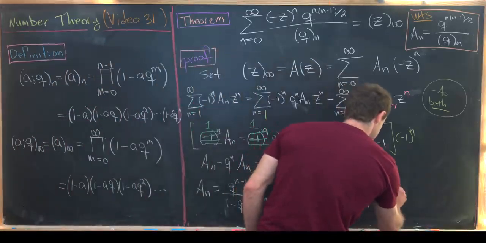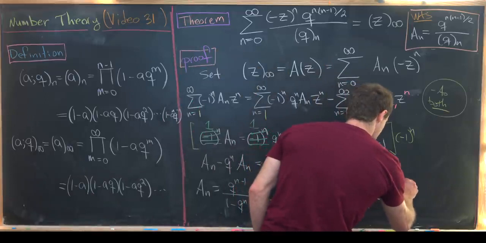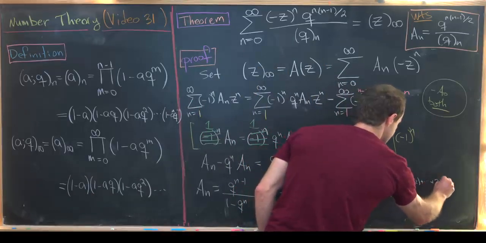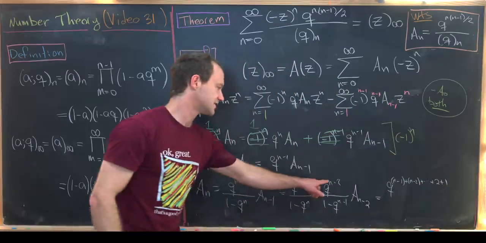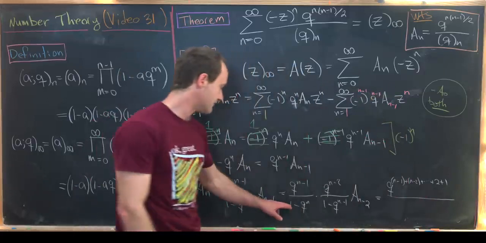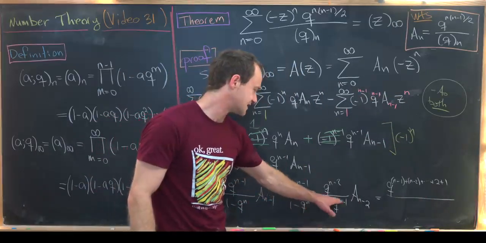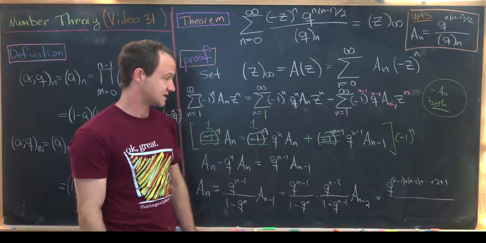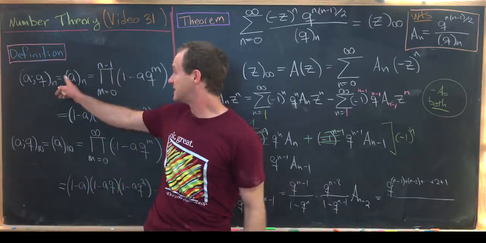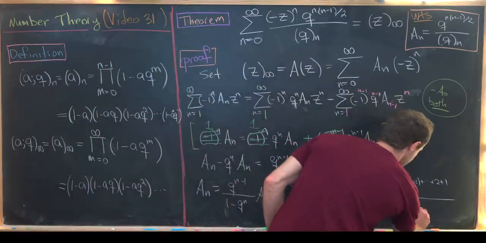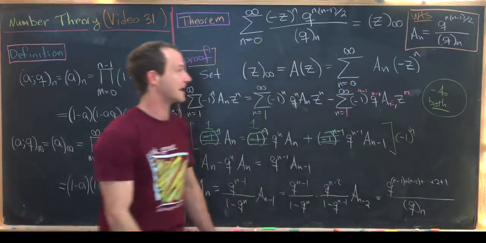That's going to give us q to the n minus 1 plus n minus 2 plus all the way down to 2 plus 1 from multiplying those numerators together, over 1 minus q to the n times 1 minus q to the n minus 1 all the way down just to 1 minus q. But that's exactly this symbol right here with a replaced with q. So we have (q;q)_n. Okay.